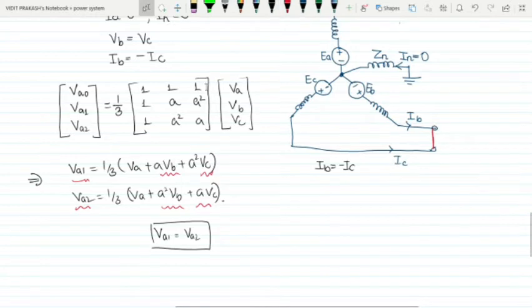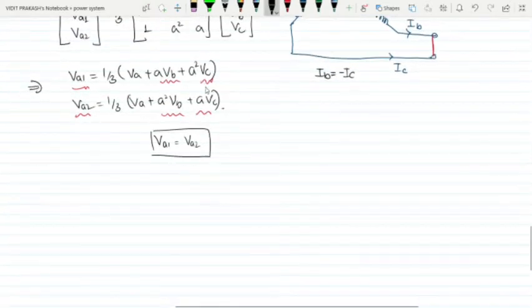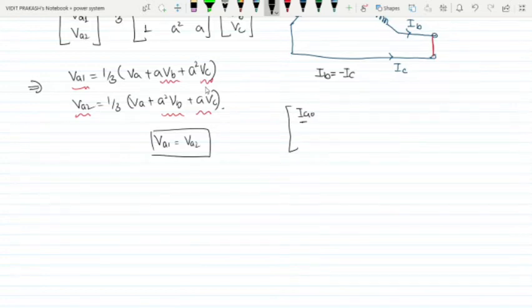Right? Now, what is the symmetrical component of the current? Symmetrical component of the current is IA0, IA1, IA2. This is the symmetrical component of current.